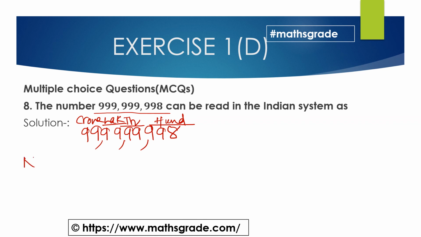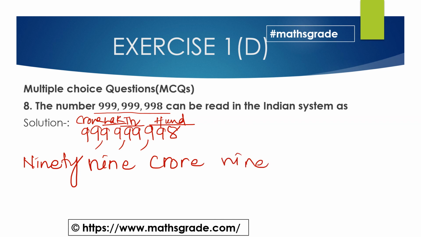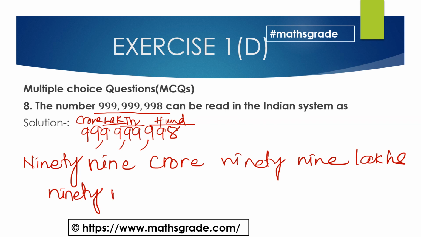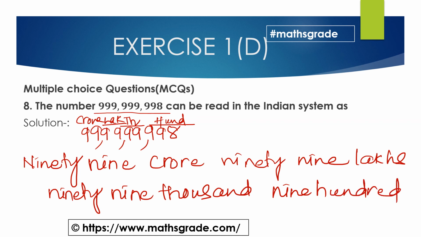So it will be 99 crore 99 lakhs 99,998. This is the Indian system of numeration of this given number in the international system of numeration, 999,999,998.